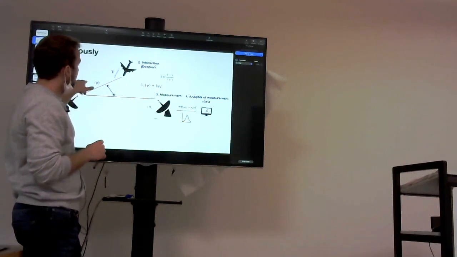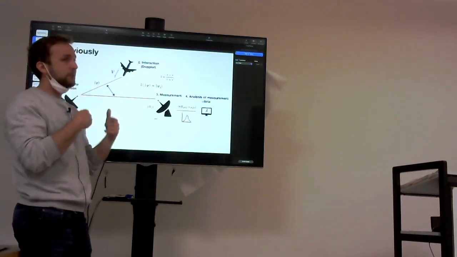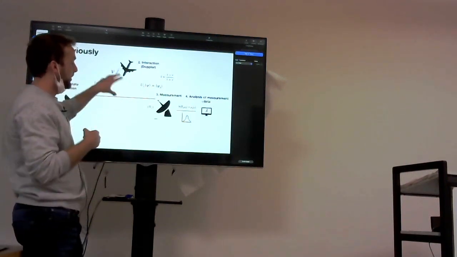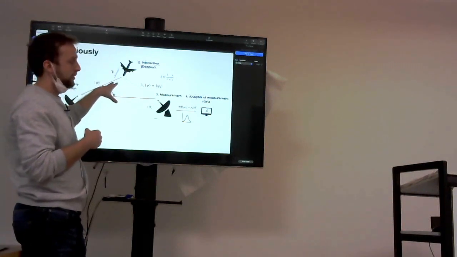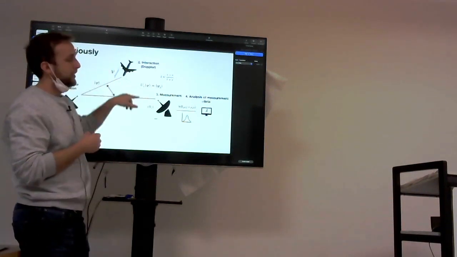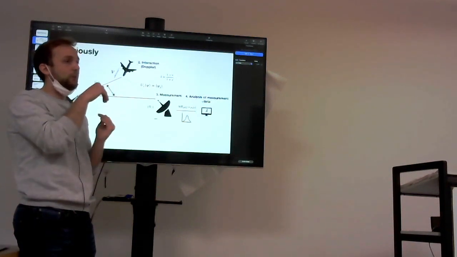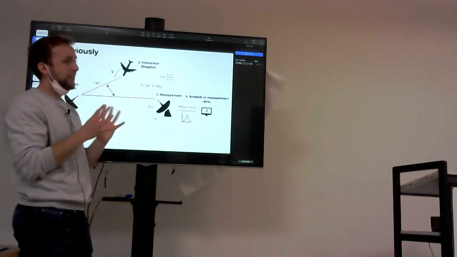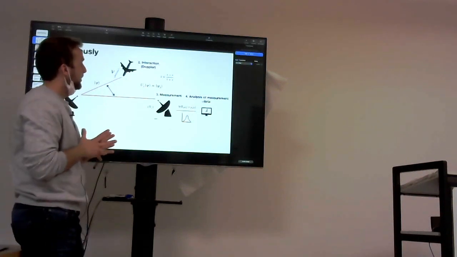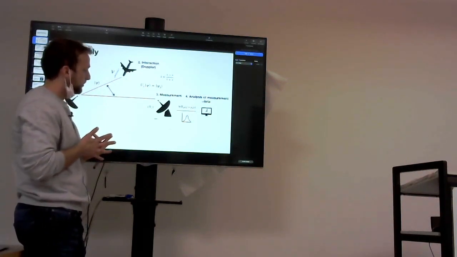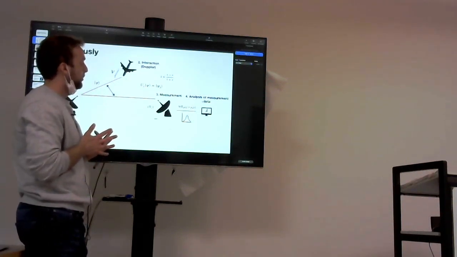So it doesn't matter. The evolution due to the propagation has no effect on the measurement data. So our measurement is phase insensitive.